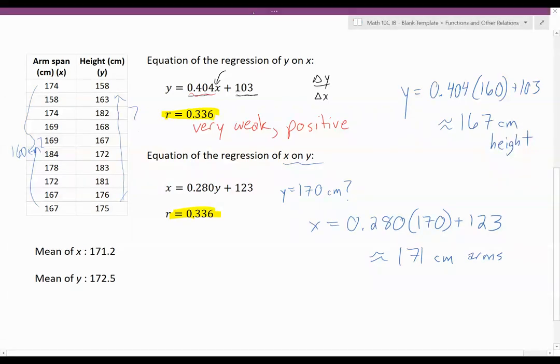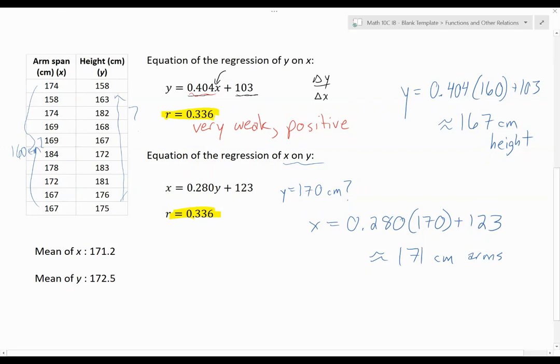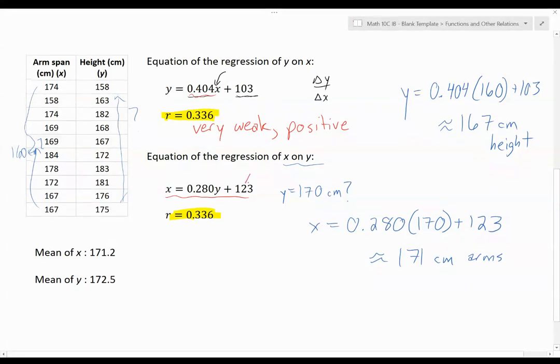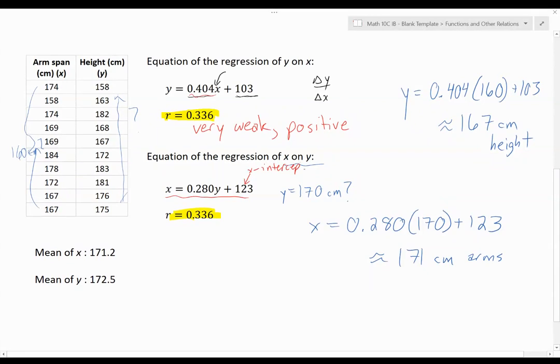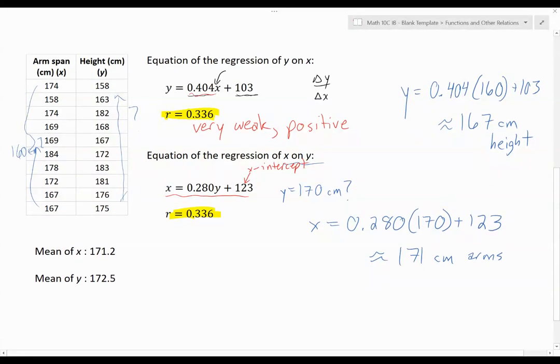I do want to talk about if I switch the x and y. So if instead of having this be in the form y equals mx plus b, I have x equals something y plus something. This something would now be the x-intercept instead of the y-intercept. So in other words, it's saying that if the height were 0, the arm span would be expected to be 123 centimeters.